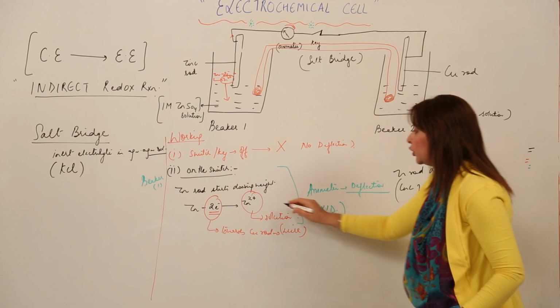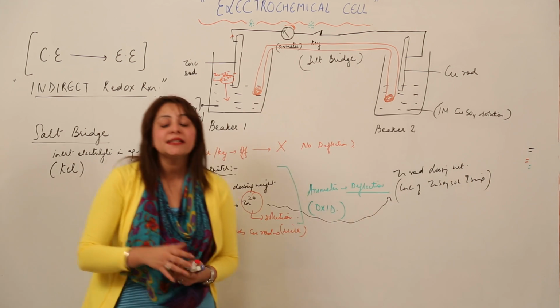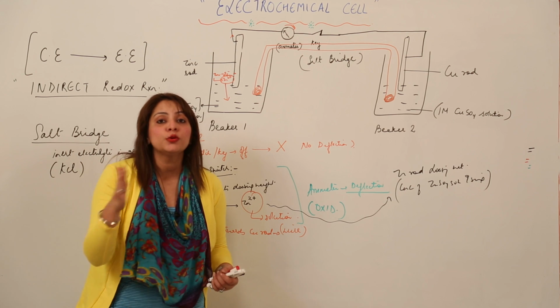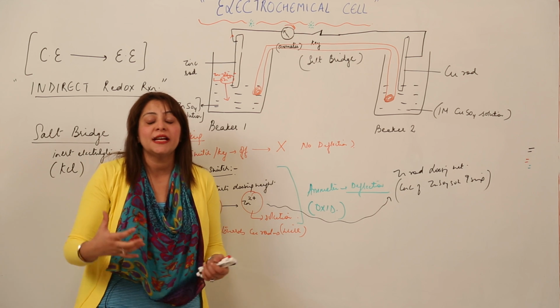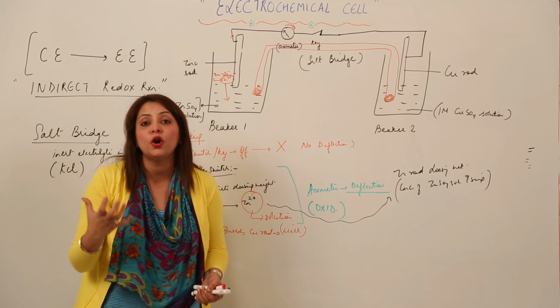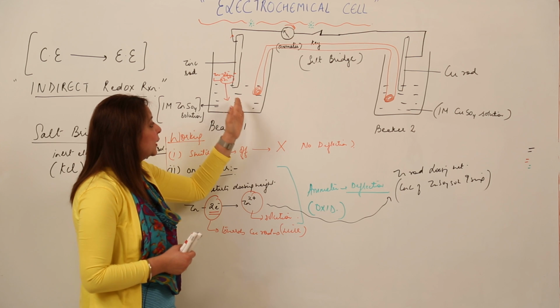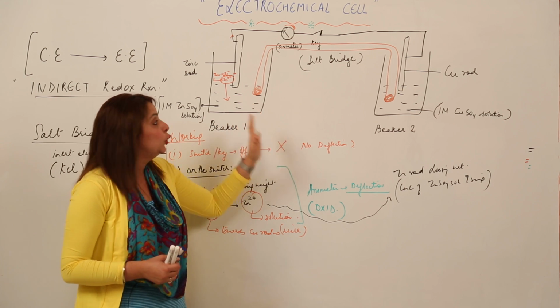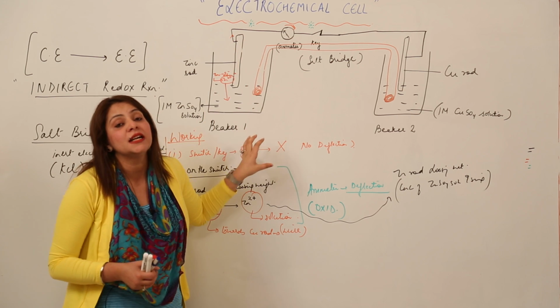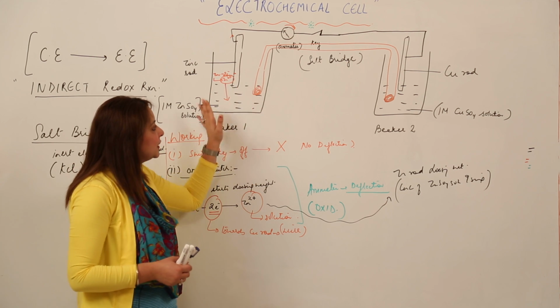Why is it increasing? Because these Zn2+ ions are going into the solution. So the rod is losing weight because it is losing 2 electrons and the atom is getting converted into ions, as it is showing oxidation. These zinc ions are moving into the solution. That means though the zinc rod is losing weight, the concentration of ZnSO4 is increasing with time. So this we get to see in beaker 1.